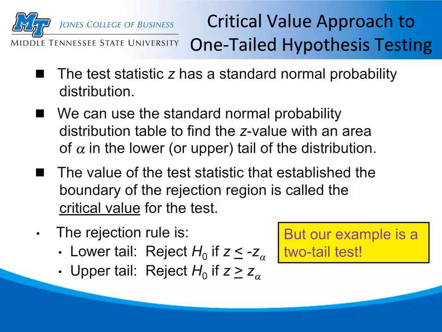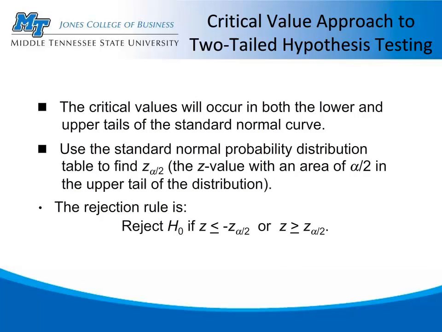Now, in this particular example, we don't have a one-tailed test. In this particular example, we have a two-tailed test. So there's a different rule for a two-tailed test. Now, the two-tailed test is when the null says equal, and the alternate hypothesis has the not equal.